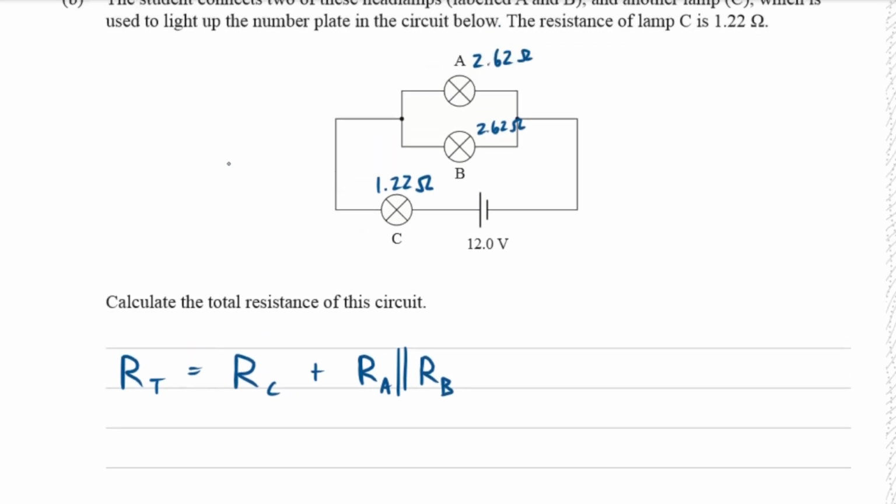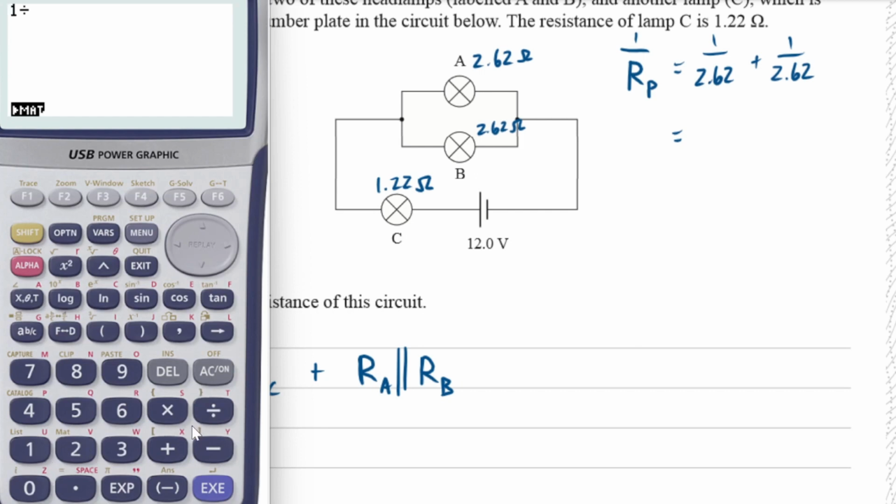And so maybe let's do that on the side first. So RP for parallel, we know the equation is actually 1 over the parallel resistance is equal to the sum of the inverses. So 1 over 2.62 plus 1 over 2.62. And let's see what that gives us.